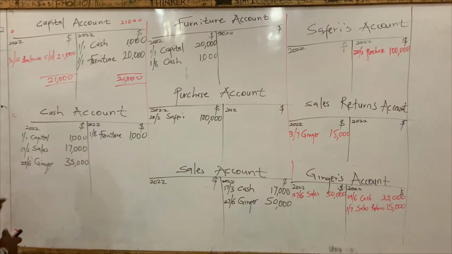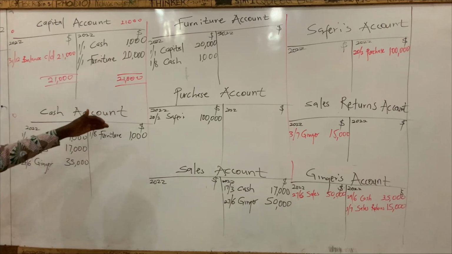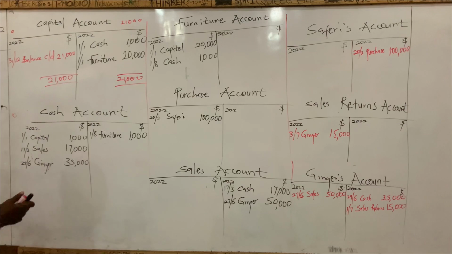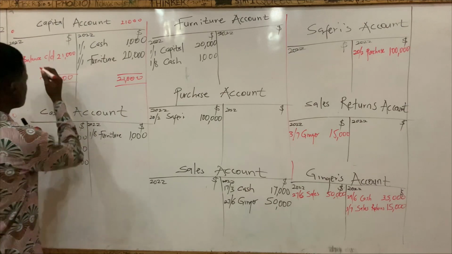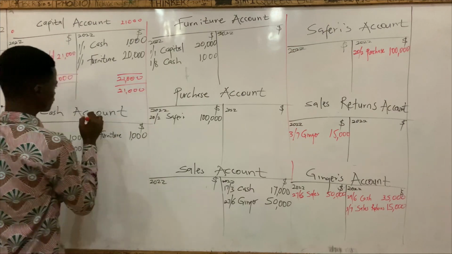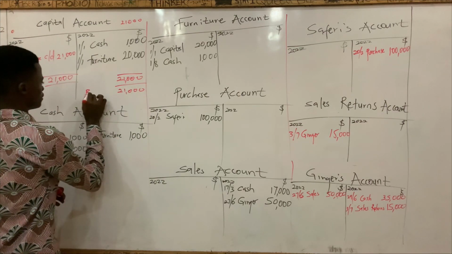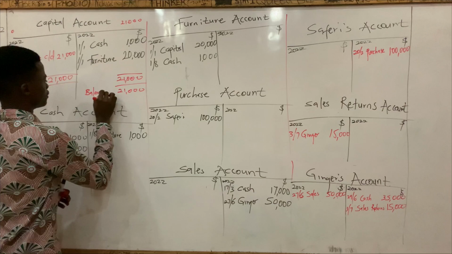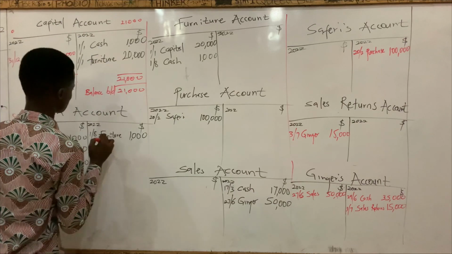Okay, so after this, we said that after putting the difference on the side with the shortage and naming it balance carried down, you need to bring this same difference to the opposite side and we will call it balance brought down. So we will bring this same difference to the opposite side after the total, and it will be named as balance B/D.